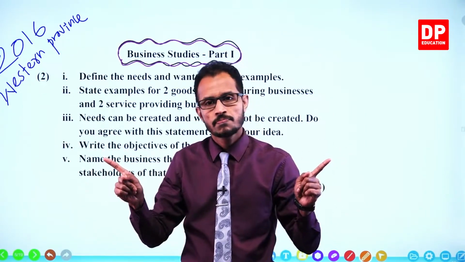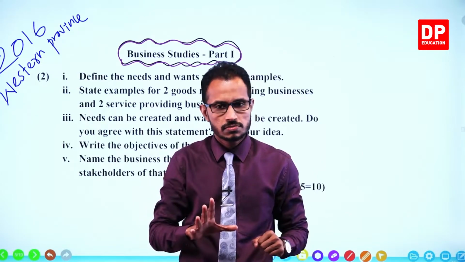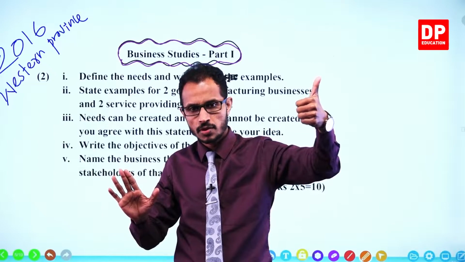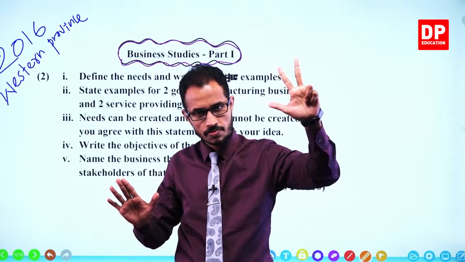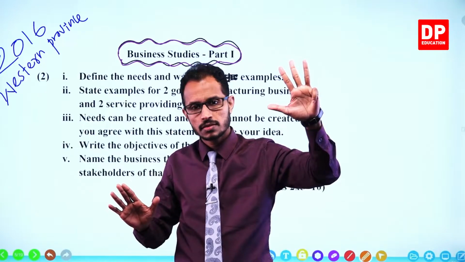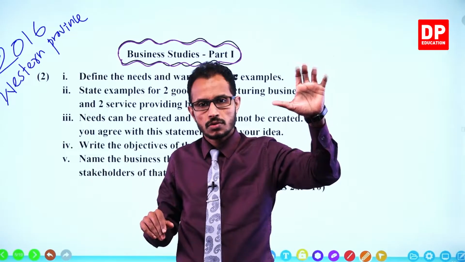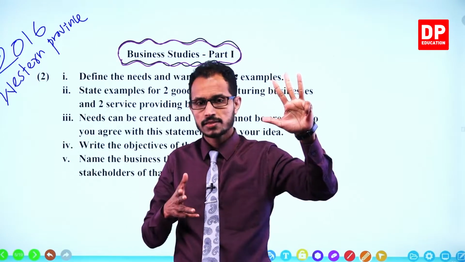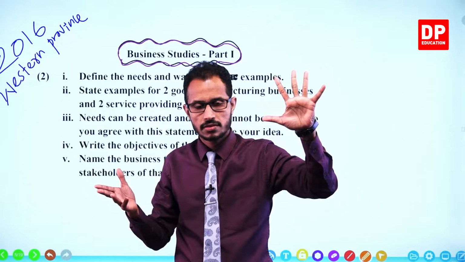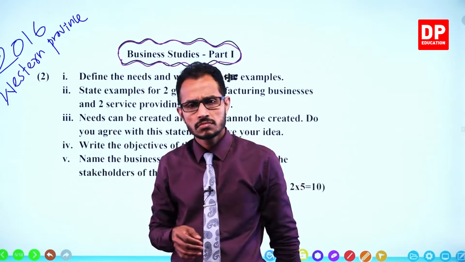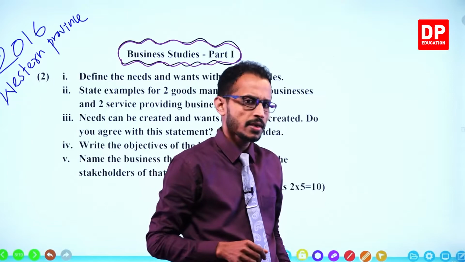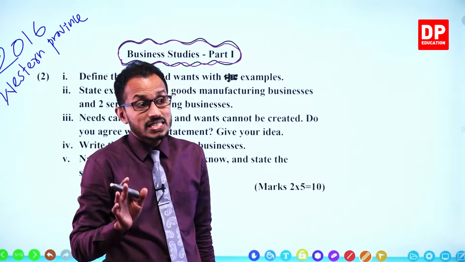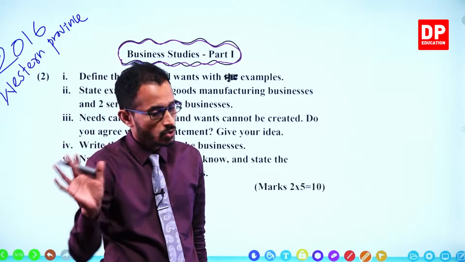Don't write those, but write the most basic, main ones: food and water, clothing, shelter, health, and education maybe, or security. The most important ones, the ones without which you can't survive.